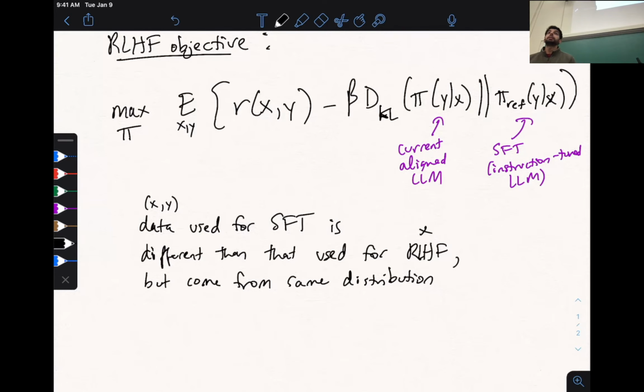In practice, a company like OpenAI or Anthropic might have a very, very large instruction tuning data set that's very diverse. So this limitation, that the RLHF data should ideally come from a similar distribution to the SFT data, is not that big of a deal since the data sets they're using are huge, but the open source ones are much smaller and less diverse. So this can be limiting when you actually do the alignment process.